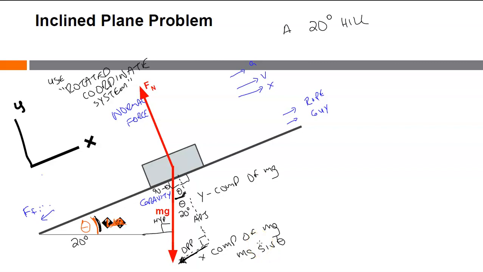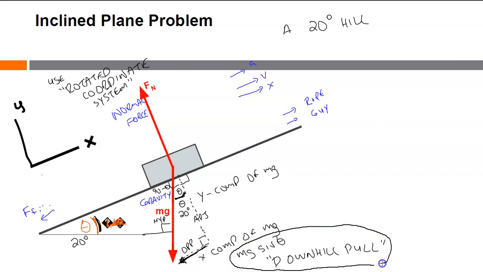Now, the reason that's important is because that arrow, the x component of mg, points downhill. I've got a little name that I call this. I don't know what other people call it, but I'm going to call that the downhill pull. That little thing right there, mg sine theta, is the reason that things slide downhill.